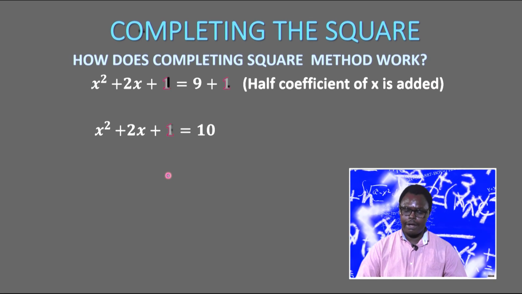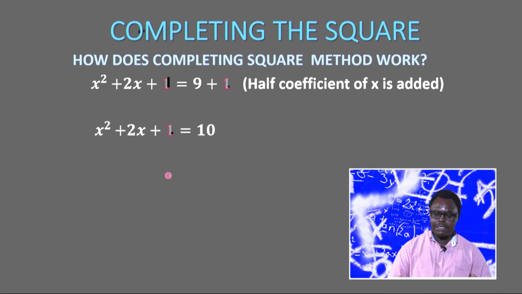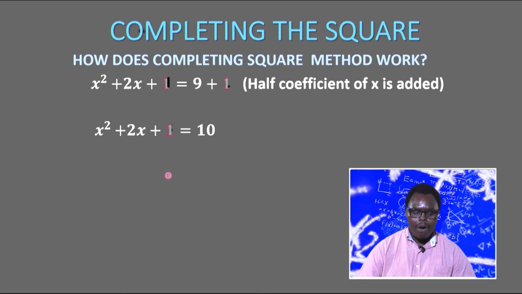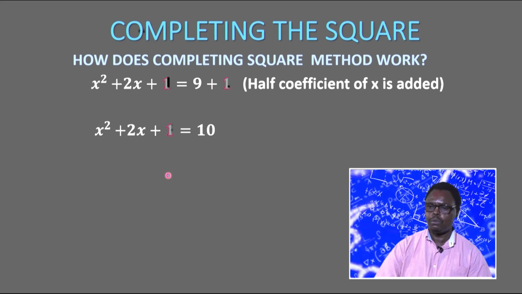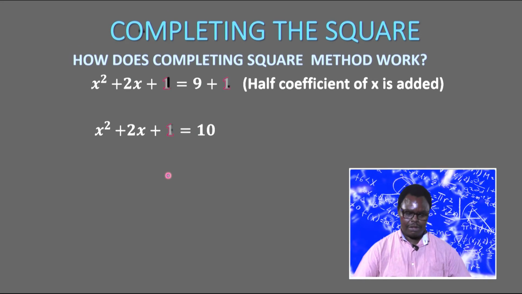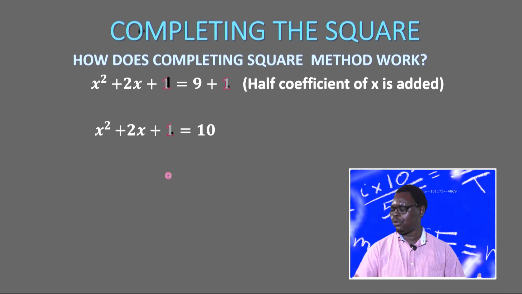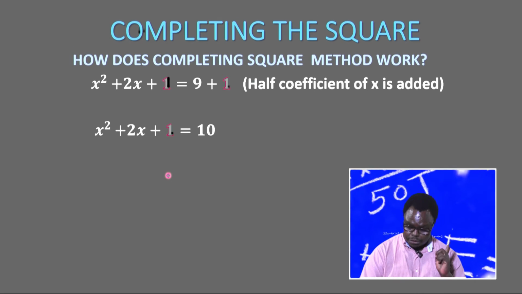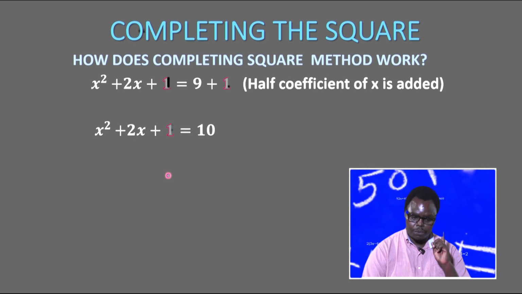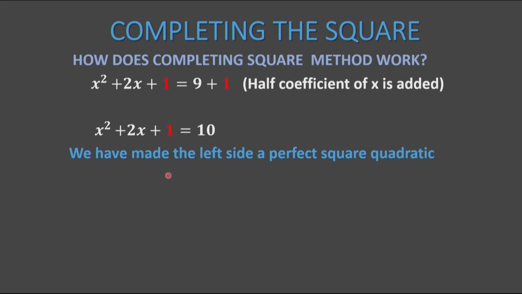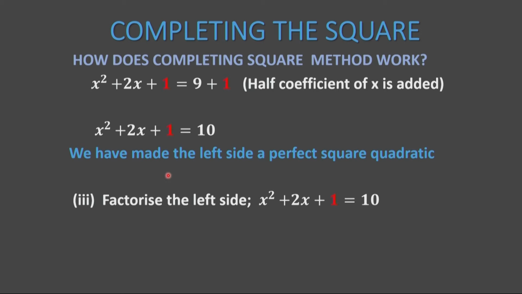It's a perfect square. And that's why, in this method, we are trying to change all the quadratics we are given to perfect square expressions. Then we can work with them. Once you reach there, you can use any method you know, but I want you to stick to the method of completing the square. So we have completed the square now. On the left, we factorize this expression.